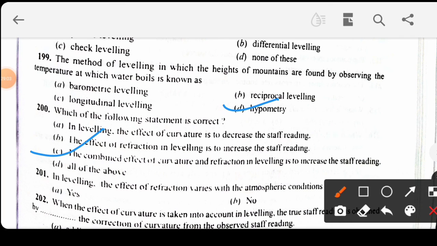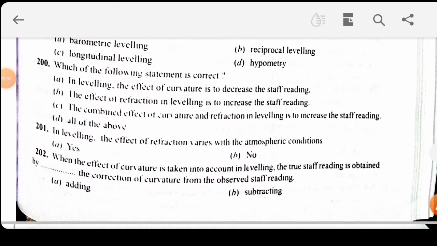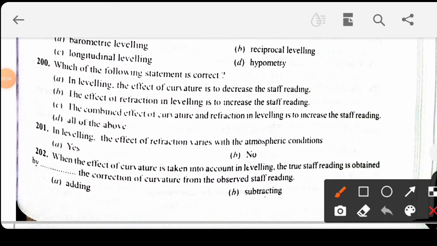In leveling, the effect of refraction varies with the atmospheric conditions. It is correct, yes. After that, look, 202 number.